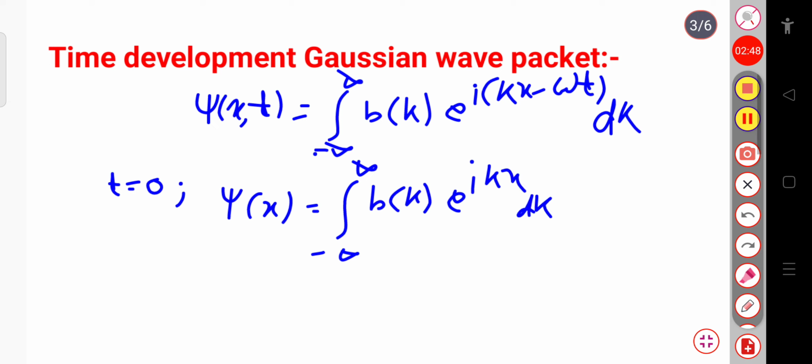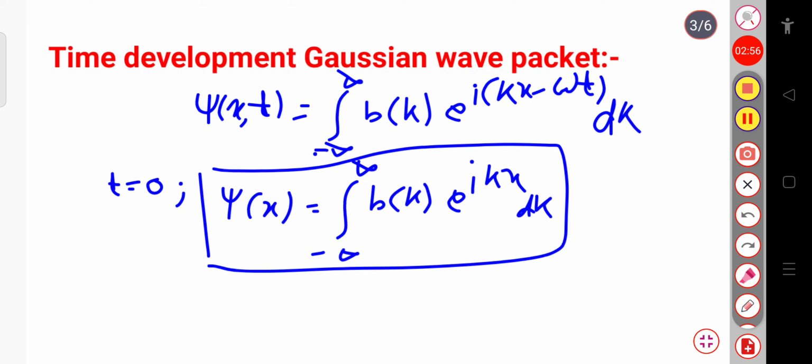Then what is the difference between these two equations? You can see that when the time t equal to 0, this is the position of the wave. Now after some interval of time t, at any time t, the wave function psi of x,t will be equal to b of k exponential i(kx minus omega t) dk.